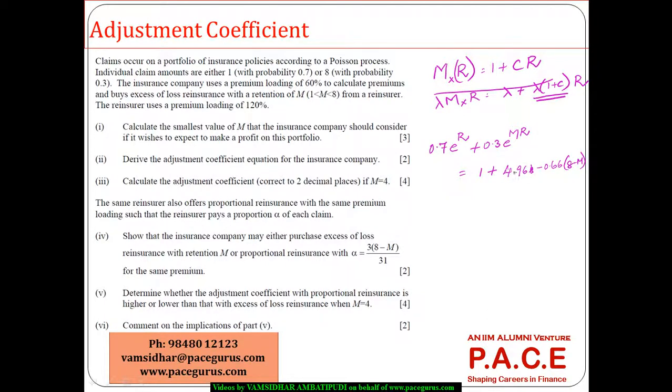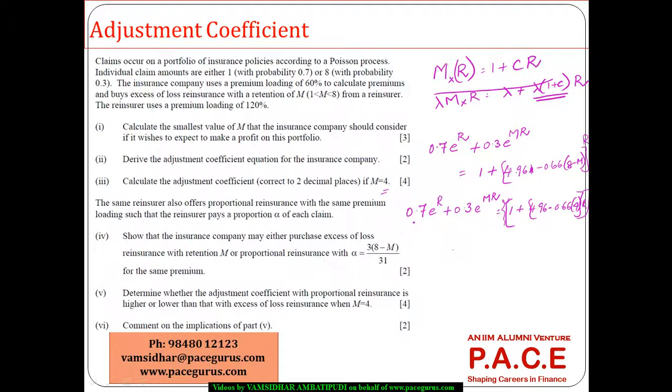Instead of lambda, I am taking the entire thing times r. So 4.96 minus 0.66 times (8 minus m) r. This can be simplified, and I am also given that m equals 4. So this is working out to 0.7 times e to the power of r plus 0.3 times e to the power of mr is equal to 1 plus 4.96 minus 0.66 times 4 times r.